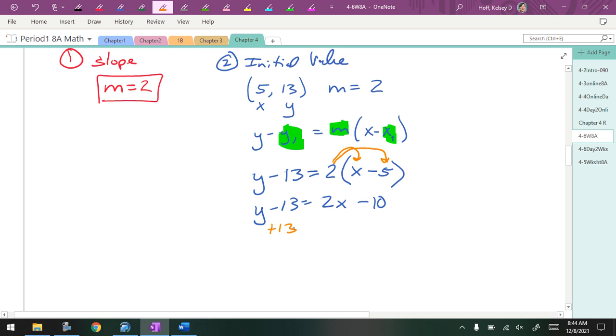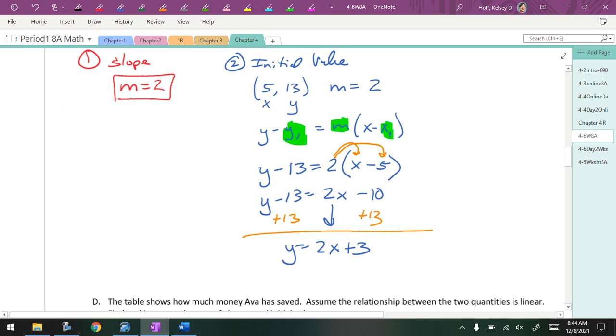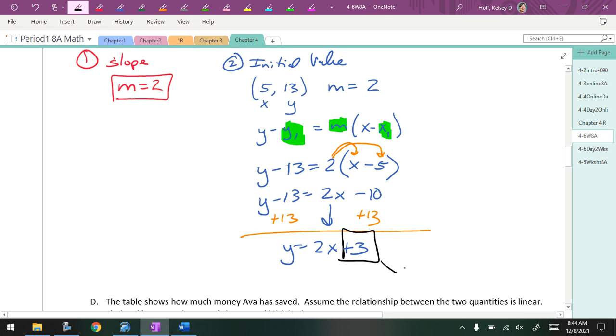And then I'm going to add 13 to the other side. Nicely done. Y equals 2x, positive or negative? Positive 3. Which number am I boxing in as my initial value? My 3. That is my initial value.